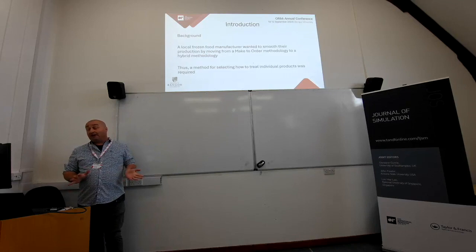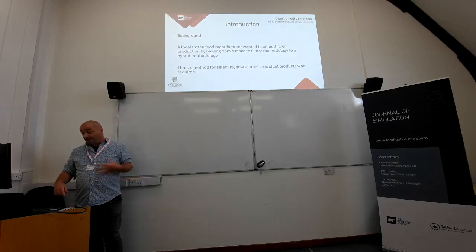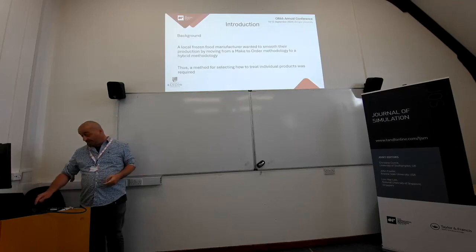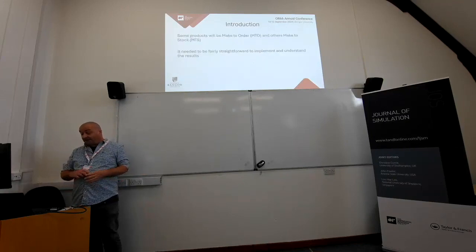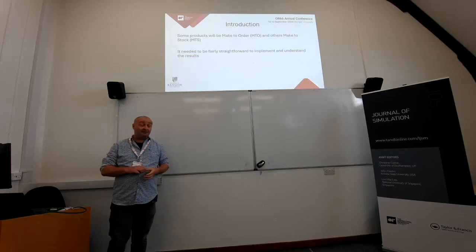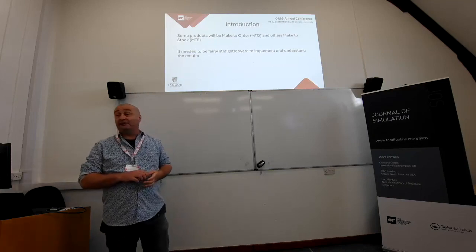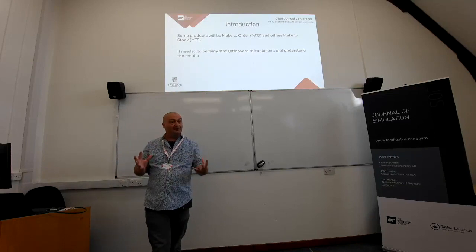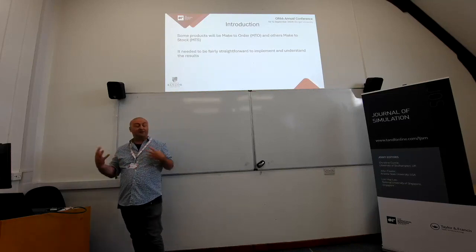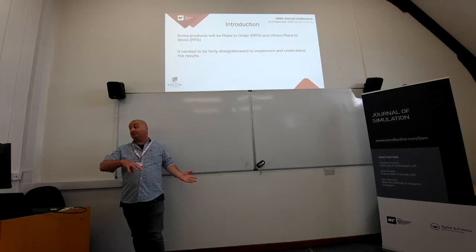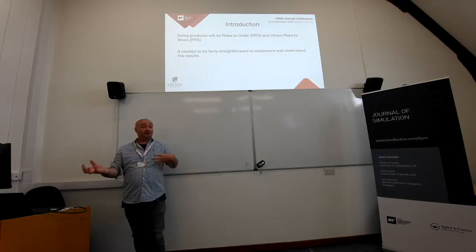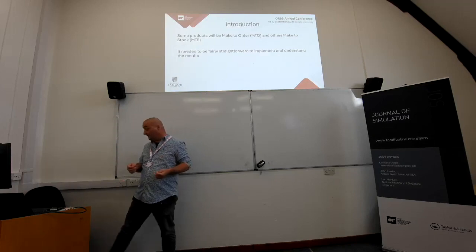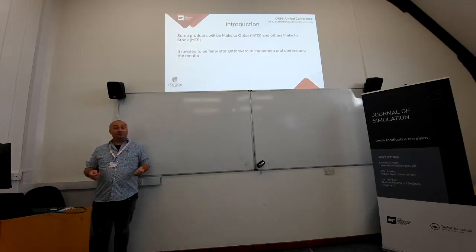So they needed a method to basically make that selection between how to treat each individual product. They wanted it to be pretty straightforward as well, so they didn't want anything that was mathematically too complicated, because they just wanted something that their production planners could utilise and understand without it being too complicated for them, because none of them had any particular training.